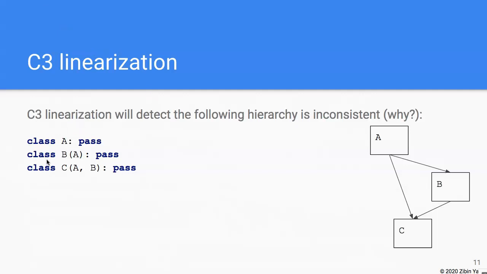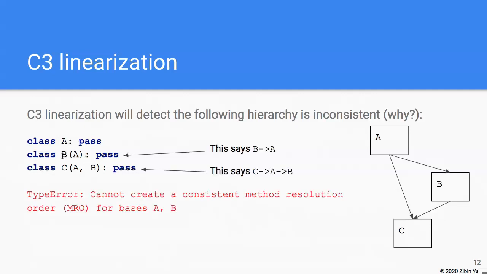So here is one where we have a class B that inherits from A, as well as a class C that inherits from both A and B. So why is this inheritance hierarchy inconsistent? The problem is that when B inherits from A, well, the MRO says to search B before A, right?